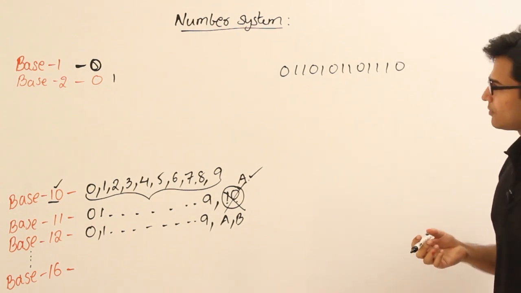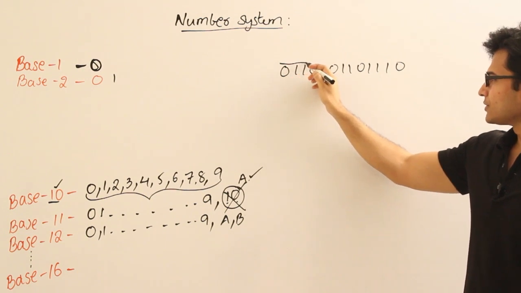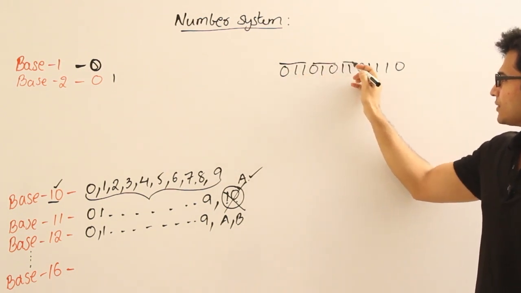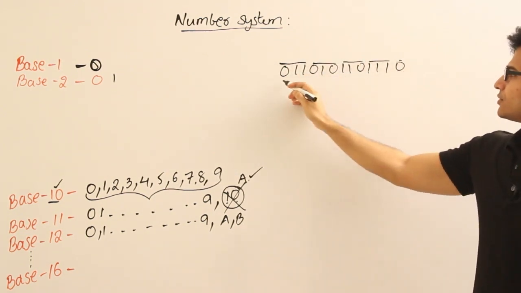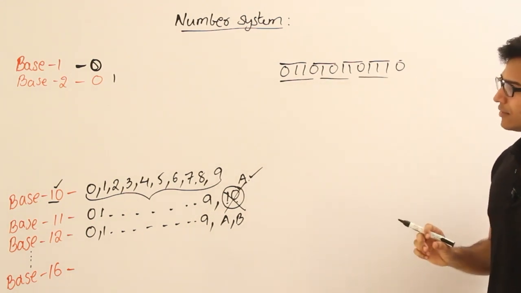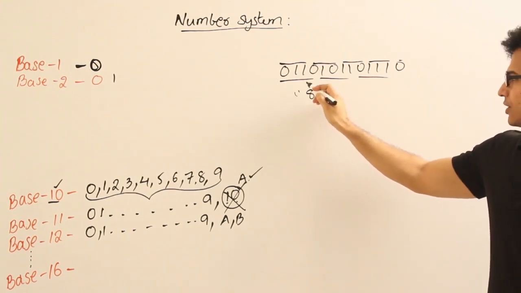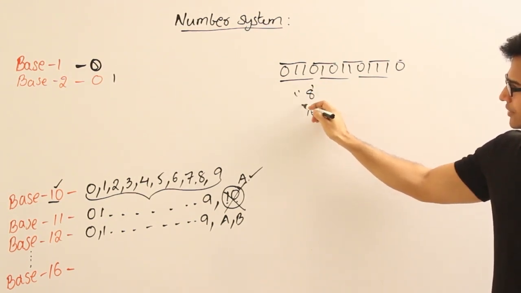So for that reason, people tried clubbing 3 bits or 4 bits. If you club 3 bits, it forms the base 8 number system, and if you club 4 bits, it forms the base 16 number system.